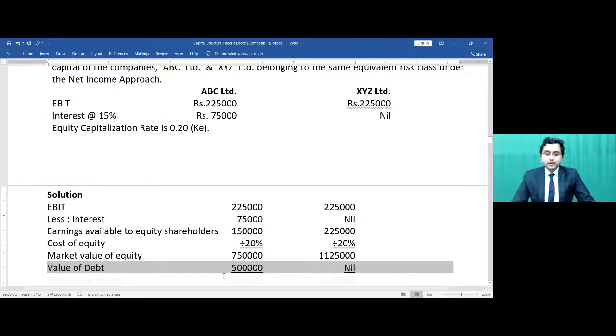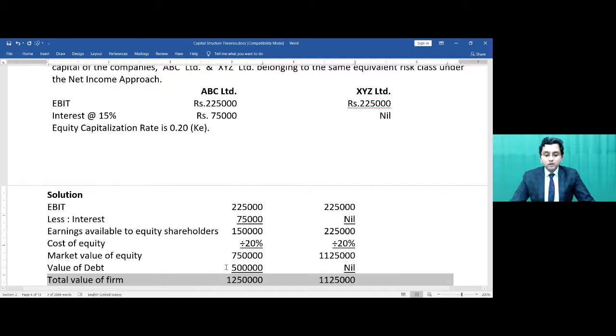Add value of debt to it, 5 lakh and nil. Total value of firm should be 12,50,000 and 11,25,000.